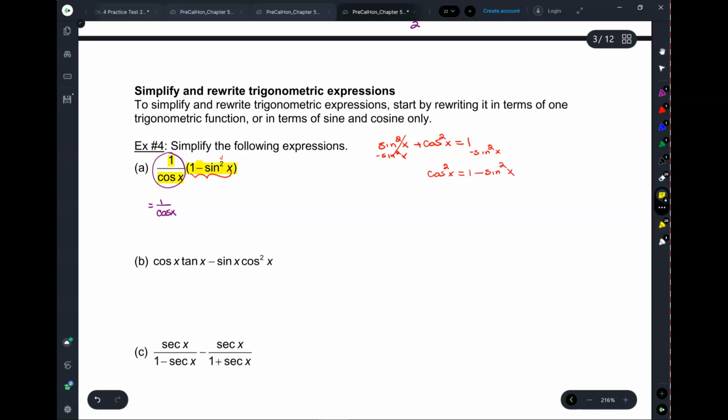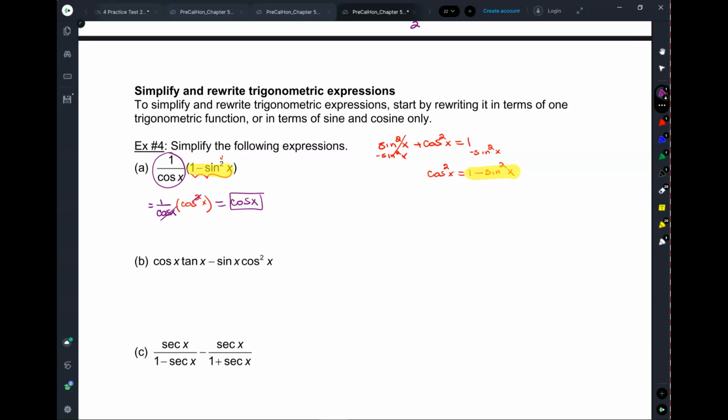Do you see how the 1 minus sine squared x is the same as this, and that equals cosine squared x? So I can substitute cosine squared x for that one term. Now I have 2 cosines on top, 1 on the bottom. Cancel them out, and I just have cosine of x left. Okay, next.